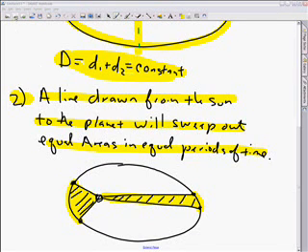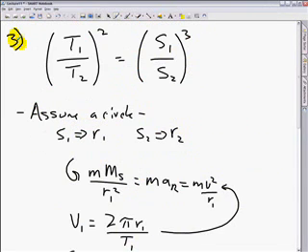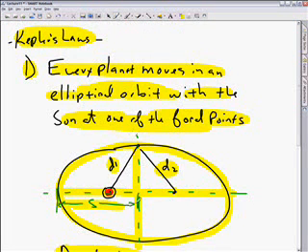Okay. Now, Kepler's third law seems to be a formula here. T1 over T2, that ratio squared, equals S1 over S2, that ratio cubed. Remember, S1 and S2 have to do with the ellipse, and that's the major axis of the ellipse.